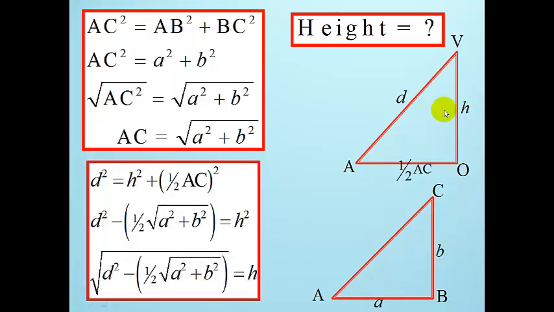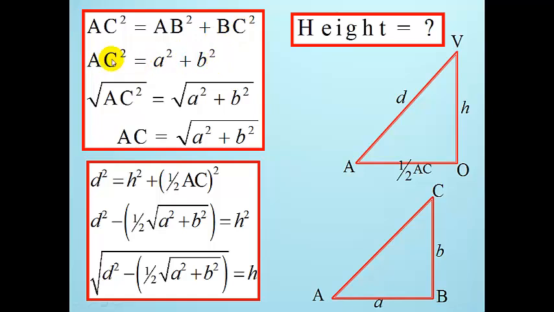So now, what we are going to do is to calculate for the distance from A to C. And because there is a right angle triangle, from the Pythagoras theorem, AC square is equal to AB square plus BC square. So AC square is equal to, take note that AB is a, so we have a square plus BC is b, so we have b square.